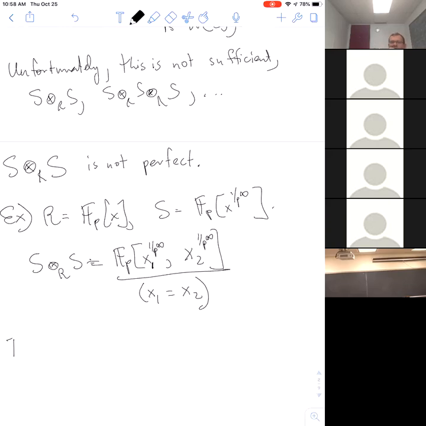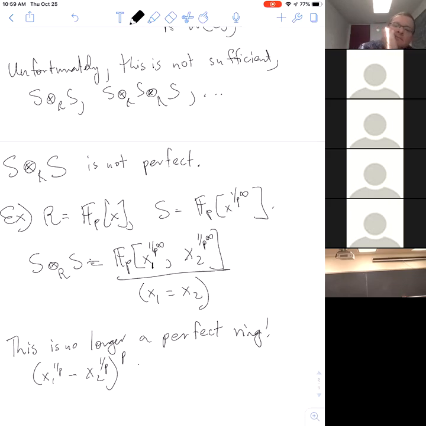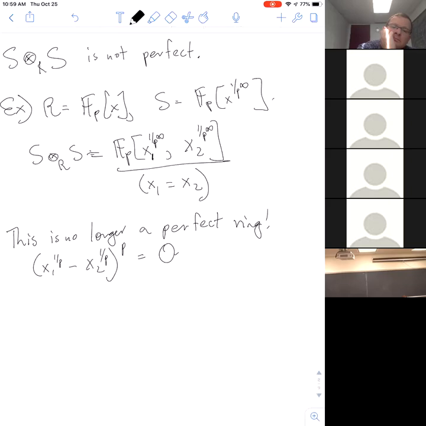So this is no longer a perfect ring. It's a quotient of the perfect polynomial ring in two generators, where we're quotienting by a single element. But it's no longer perfect because you can consider the element x_1^{1/p} minus x_2^{1/p}, and its p-th power is 0, but the element itself is not 0 in this ring.